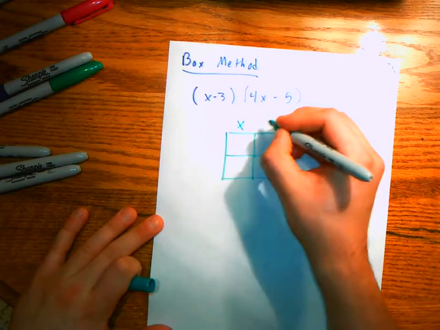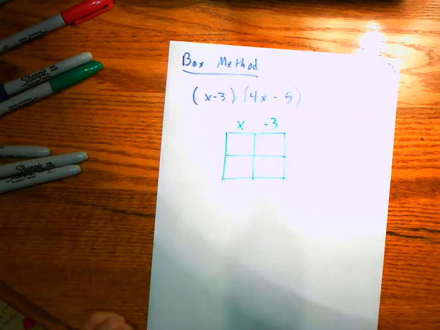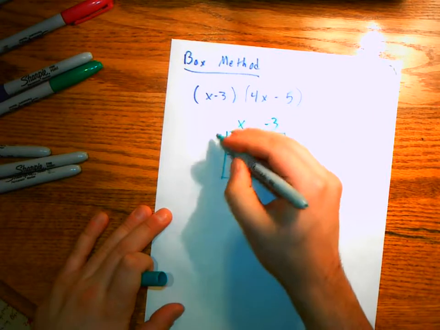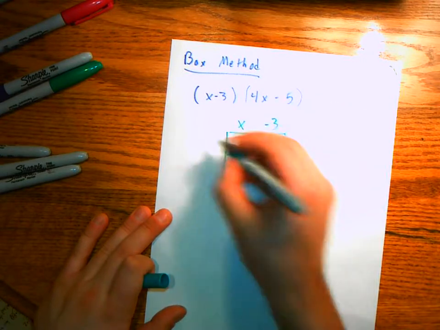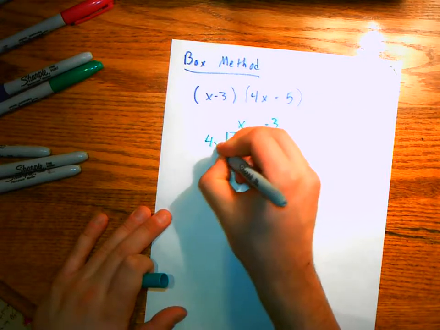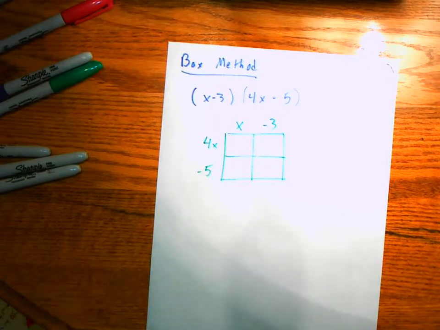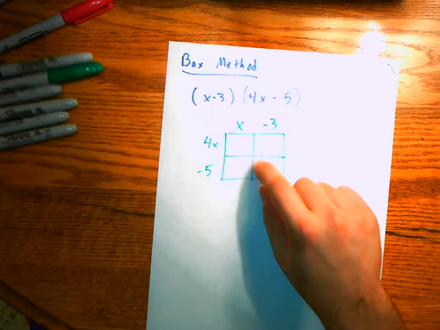So your first one is x, then your next one is a negative 3. Then your left side of the box is going to be the terms that are written in the second binomial, 4x and negative 5.